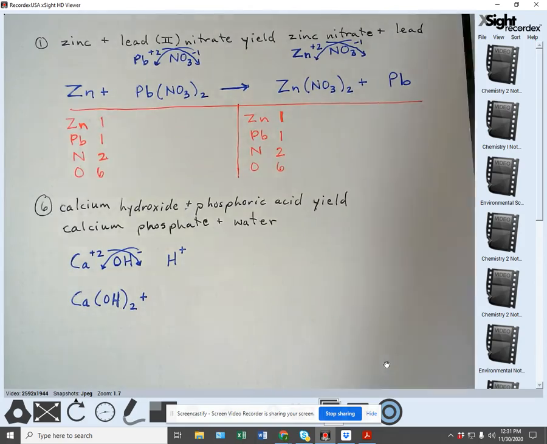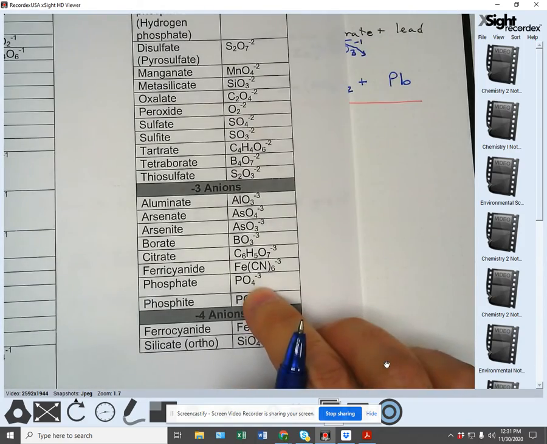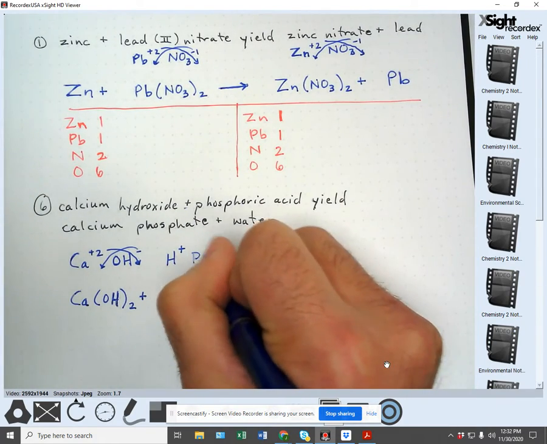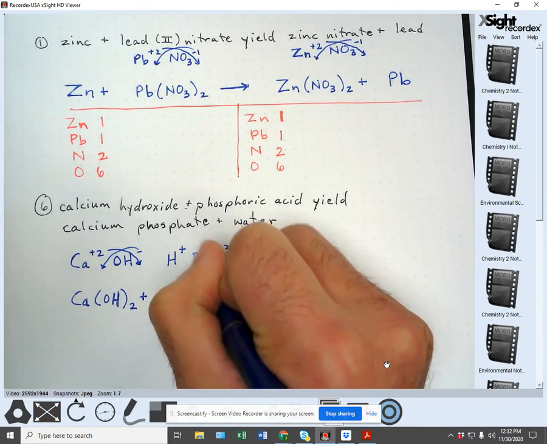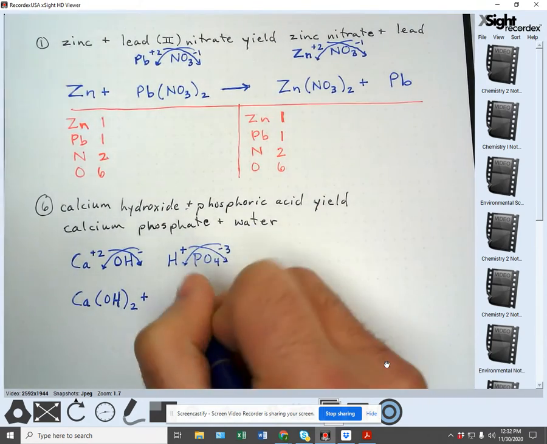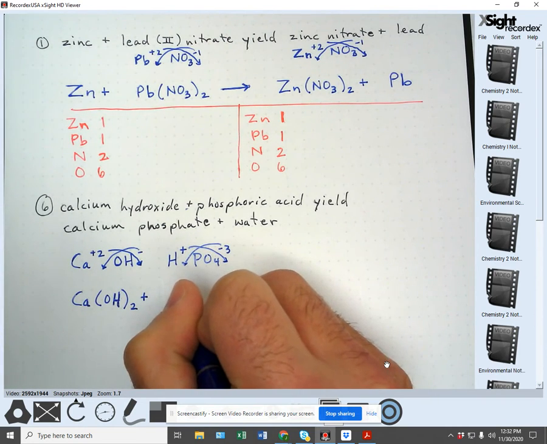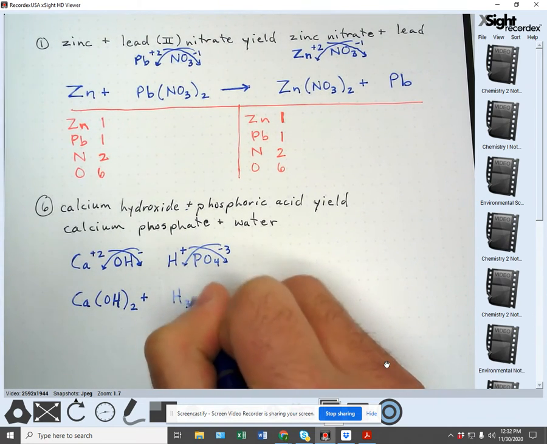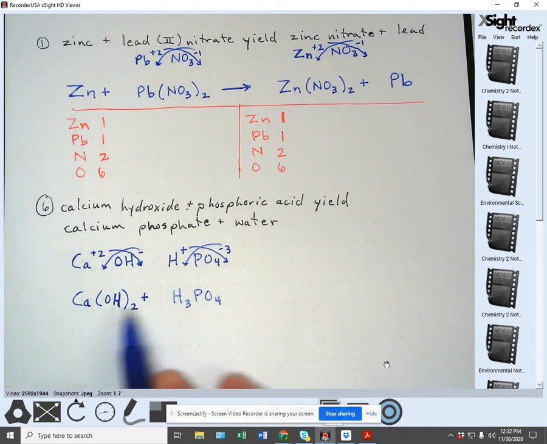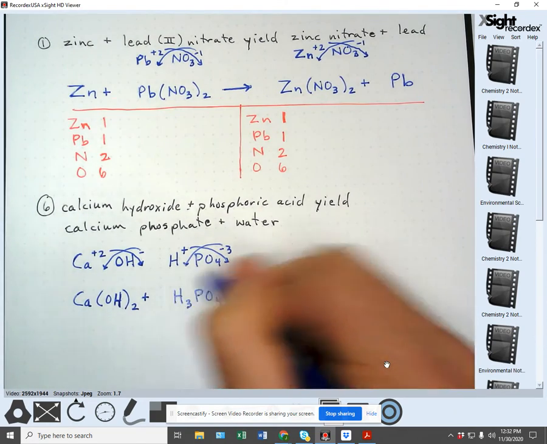I look on here, phosphate, PO4 -3. It's polyatomic because there's no hydro. I cross down, and I end up with, leaving space for coefficients again for my balancing, H3PO4.